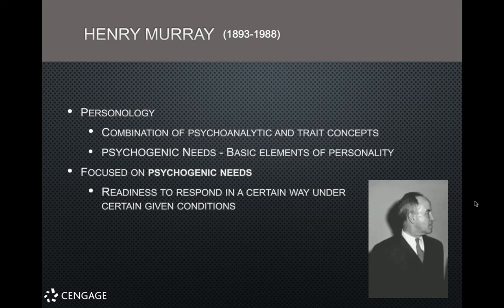The basic crux is that it consists of psychogenic needs, which are the basic elements of personality. He was very enthusiastic about these psychogenic needs and deconstructing what these were. And he shared that the readiness to respond in a certain way under certain given conditions is what defines a psychogenic need.